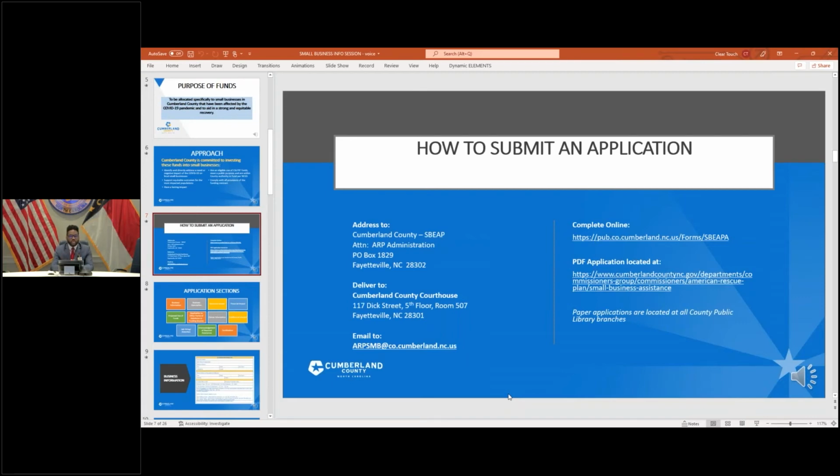We don't anticipate it being a very lengthy process, but as I said in that final slide about tips for successful applications, it's very important that if you're contacted about information or something that's needed to complete the application, please be responsive. I think that's going to be the big driver in this program being expedited and funding being allocated as soon as possible.